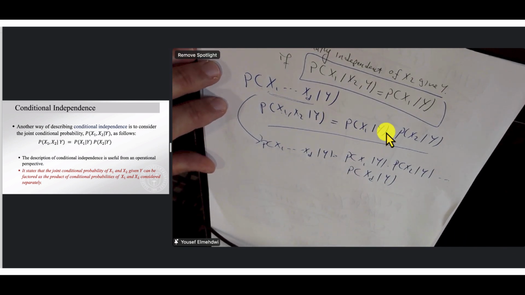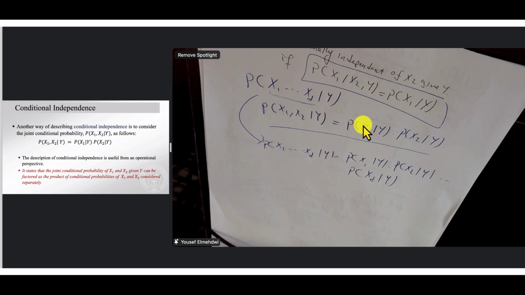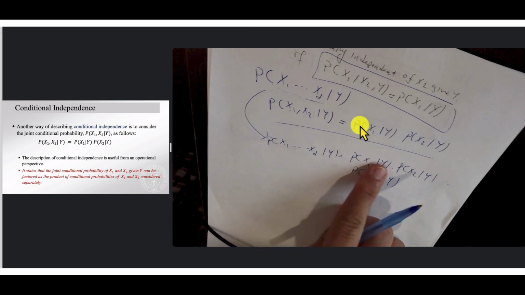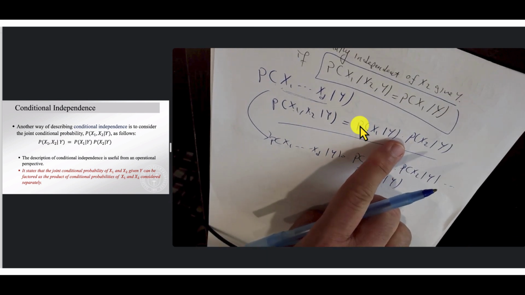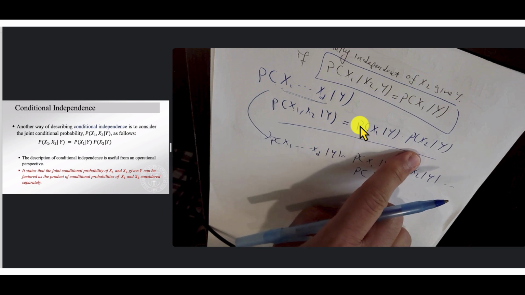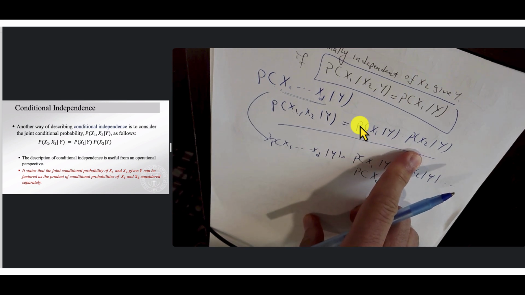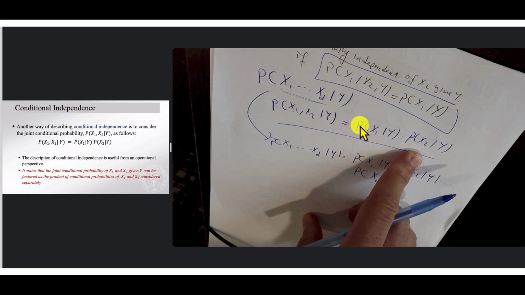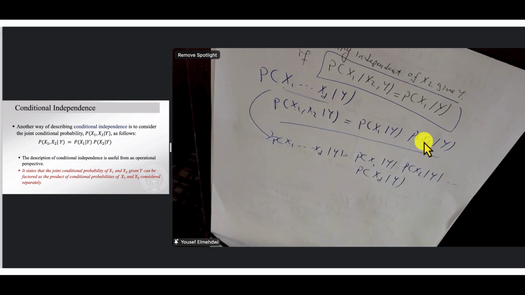So this expression illustrates the joint conditional probability of x1 and x2 given y, which can be decomposed, as we did here, into the product of the conditional probability of x1 and x2 considered separately, conditioning on y.